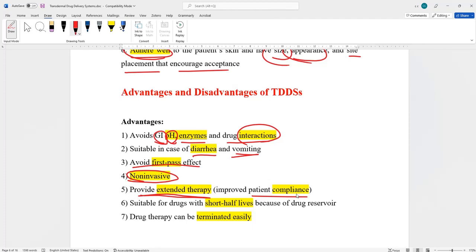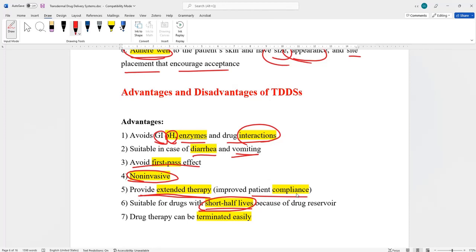Also, such transdermal systems are suitable for drugs with short half-lives. شو يعني short half-lives? What does it mean? Short half-life drugs, those drugs that are eliminated from the body in a short time, quickly. They get eliminated quickly.